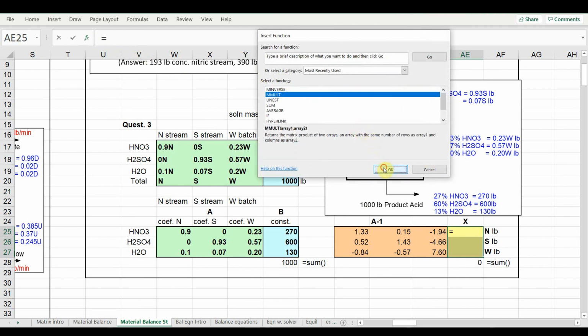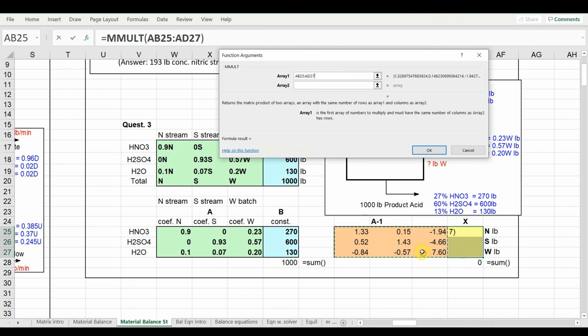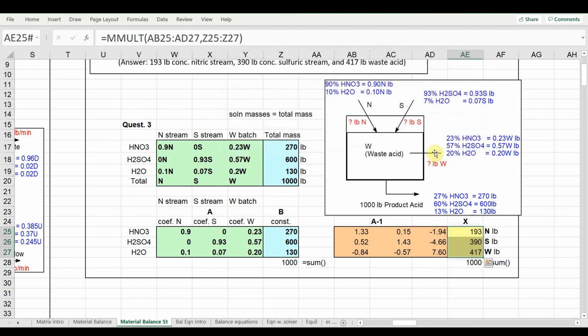We multiply the inverse matrix of the coefficients of the variables times the matrix of the constants in that order, and say OK. The values are 193 pounds of the nitric acid stream, 390 pounds of the sulfuric acid stream, 417 pounds of the waste stream combined to give us 1,000 pounds of the specified composition.